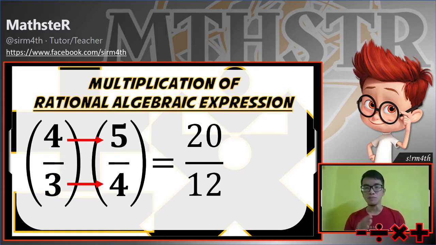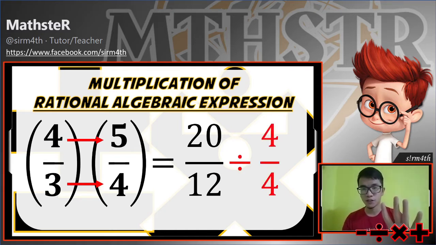Ngayon, yung 20 over 12 na yan, pwede pa nating isimplify. So paano natin siya isi-simplify? Hahanapin natin yung kanilang greatest common factor, which is equal to 4, since 20 divided by 4 is possible and 12 divided by 4 is possible also.